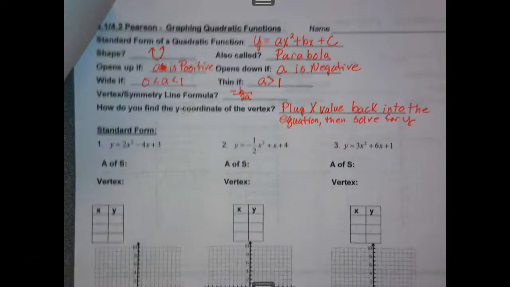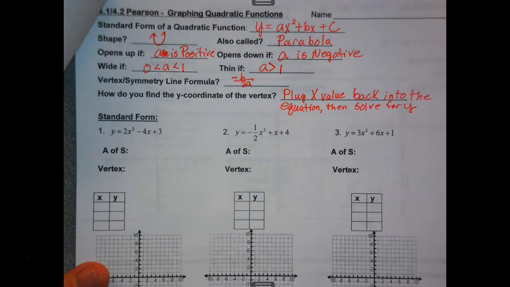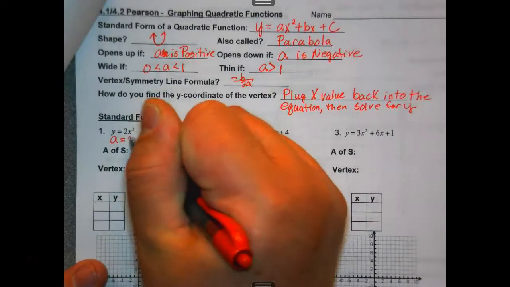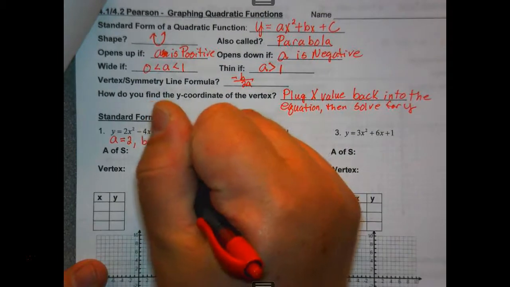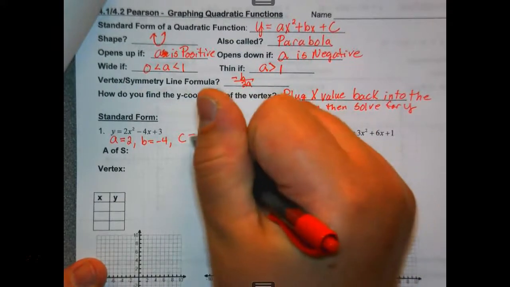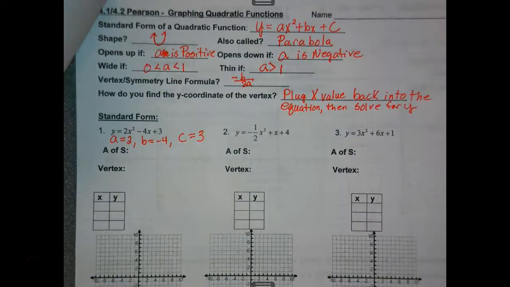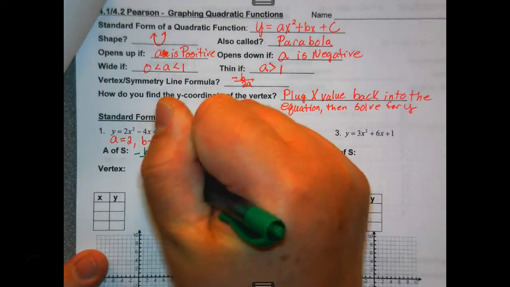Okay, number 1. We are in standard form, correct? What's my A? What's my B? And what's my C? Okay, my axis of symmetry or my x-coordinate of the vertex. What's the formula? Negative b divided by 2a.